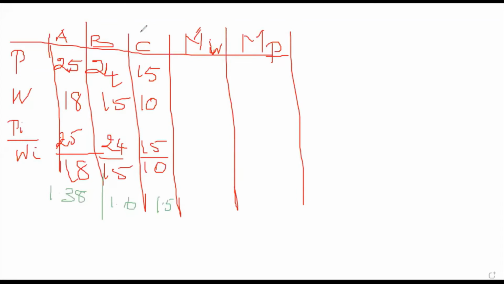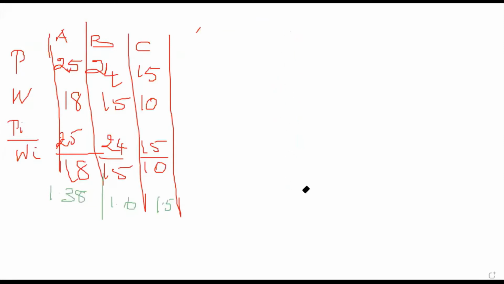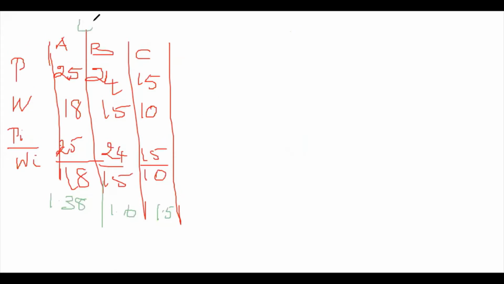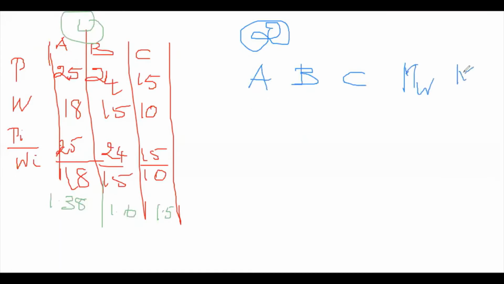I draw the same table once again. Same thing, just note it here. This is the first initial step. For the second step, note the same thing here: A, B, C, weight, profit.